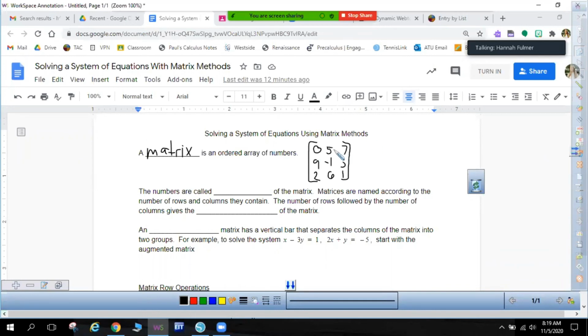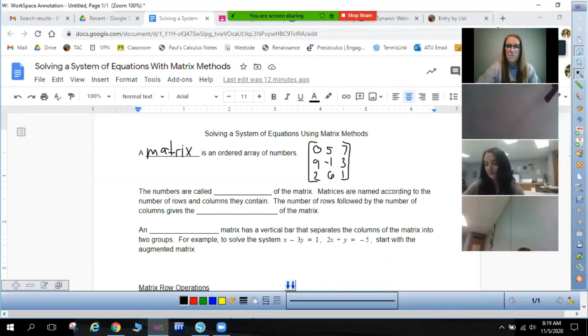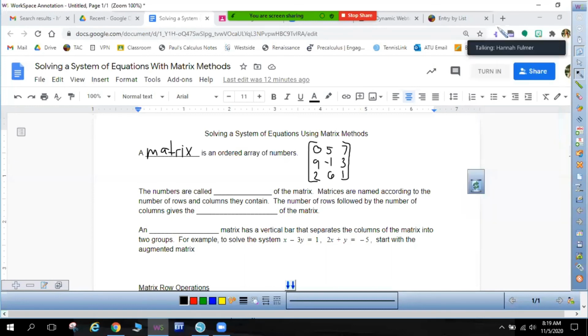This is just an example of a matrix that has 3 rows and 3 columns, and I just made up random numbers to go in it. The numbers inside a matrix are called elements.